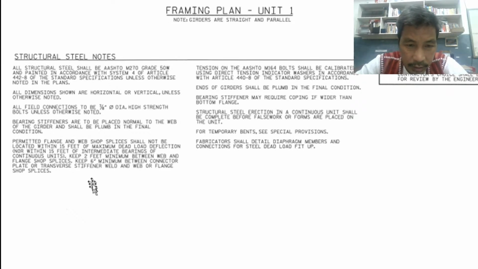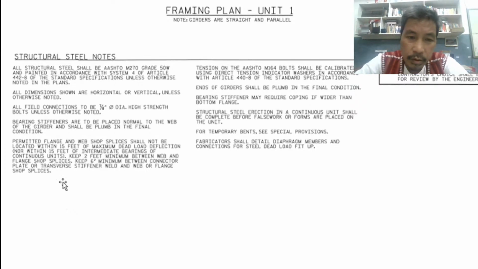Next sentence. Keep 2 feet minimum between web and flange shaft splices. Keep 6 inches minimum between connector plate or transverse stiffener weld and web or flange shaft splices.